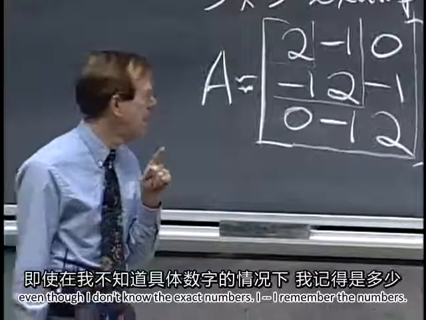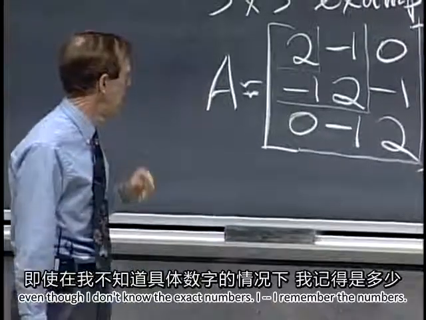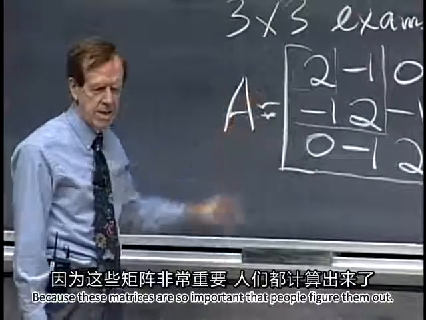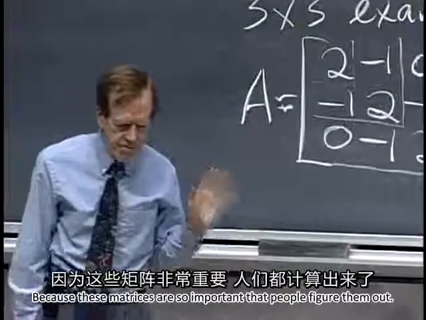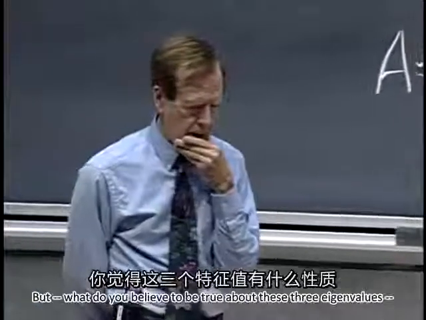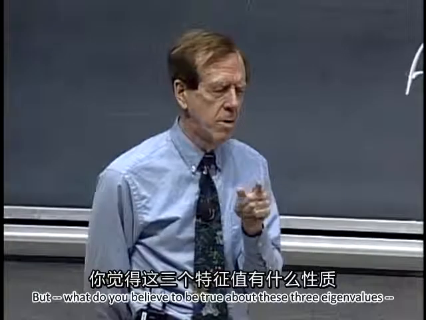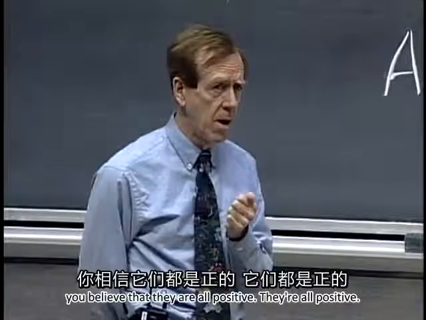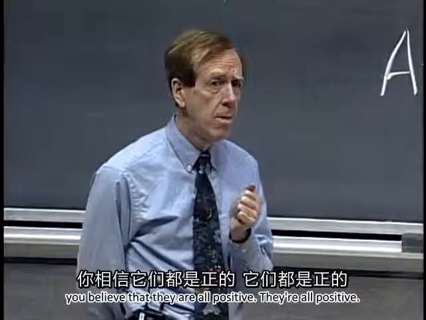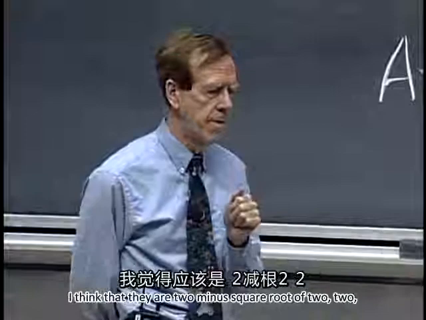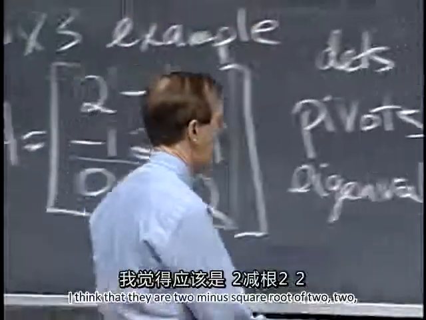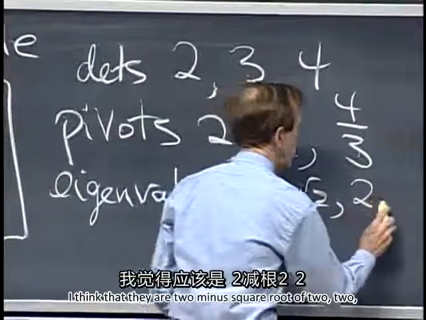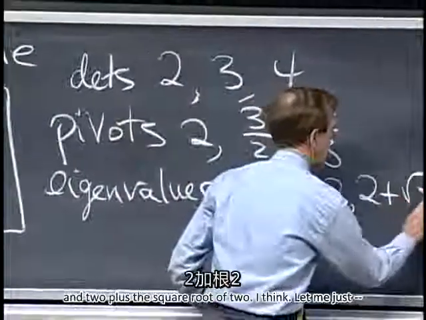I might, actually, I think I remember the numbers, because these matrices are so important that people figure them out. But what do you believe to be true about these 3 eigenvalues? You believe that they are all positive, right? I think that they are 2 minus square root of 2, 2, and 2 plus the square root of 2. I think.